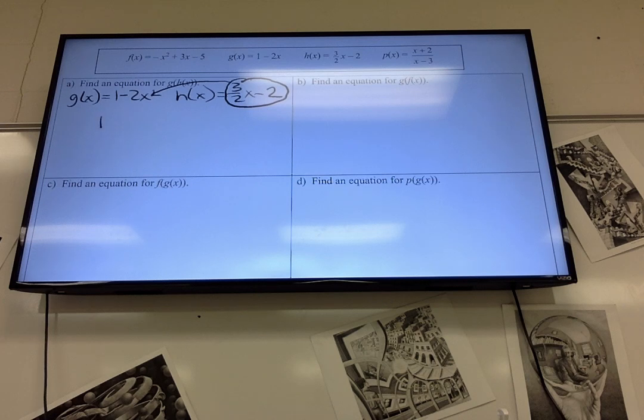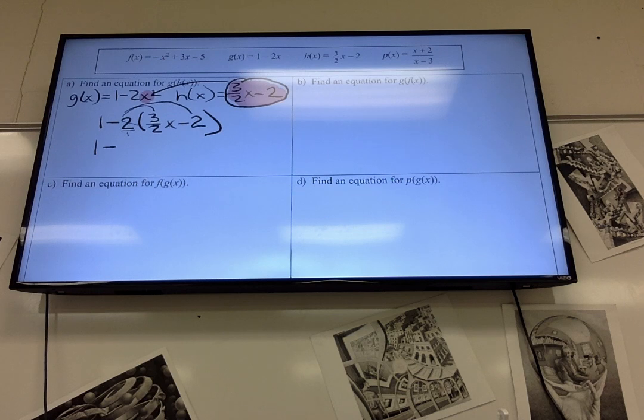So that becomes 1 minus 2 times 3 over 2x minus 2. So all I did was replace this x with this. And then I simplify. Got to distribute the negative 2. So yeah, 1 minus, remember that's 2 over 1 when I'm multiplying fractions.